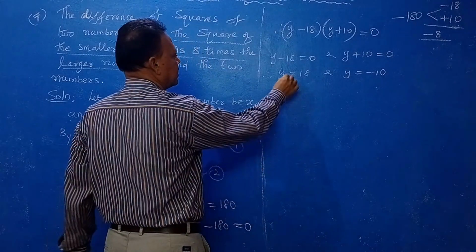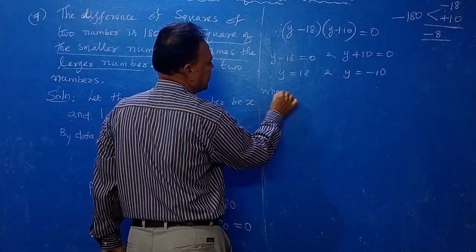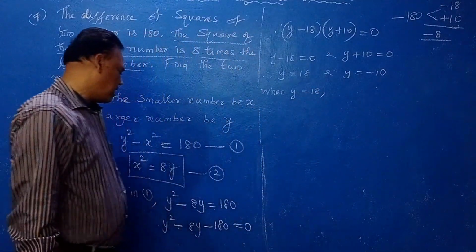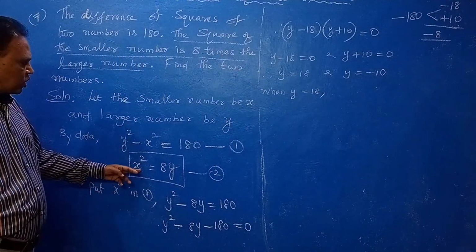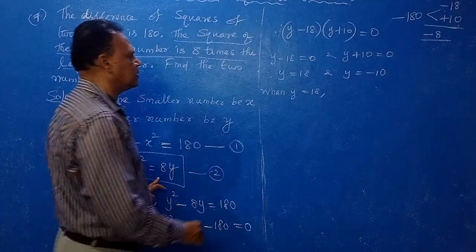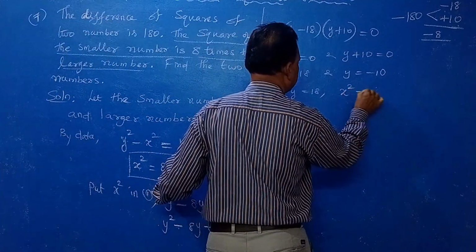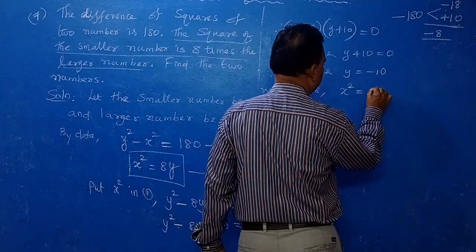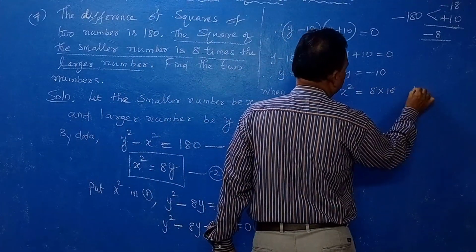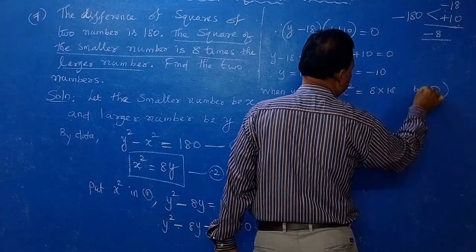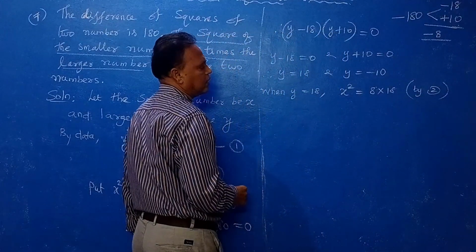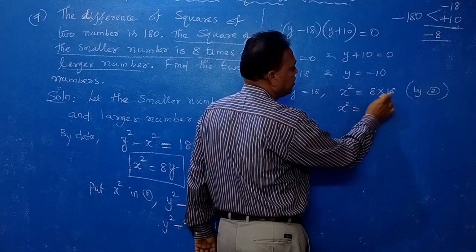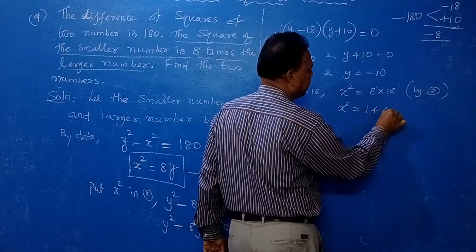Now, we have to check here. Because two values you are getting, when y equal to 18, you have to find out x. How will you find out x? Use equation 2: x squared equal to 8 into y value, 8 into 18, which is 144.